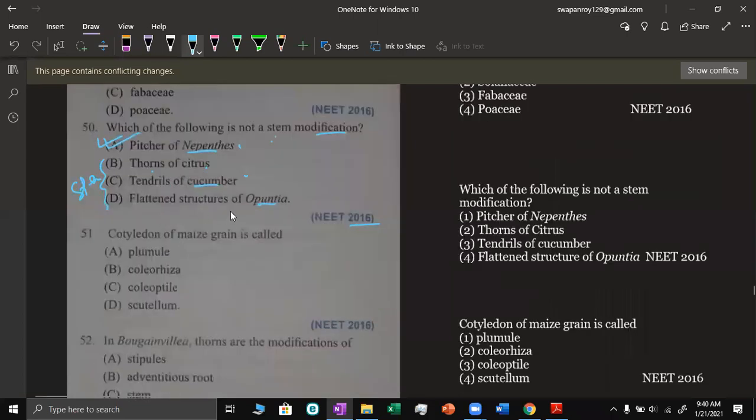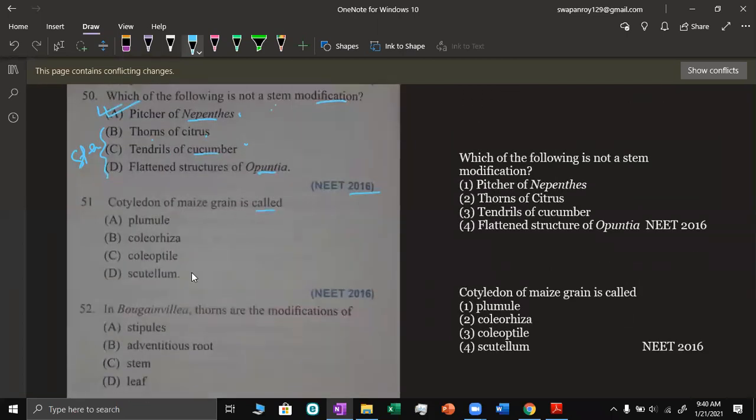The cotyledon of maize grain is called what? In maize grain there is a single cotyledon, and the single cotyledon in the grasses is known as scutellum.